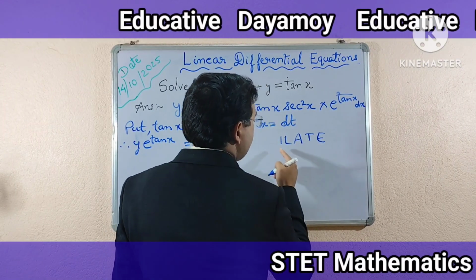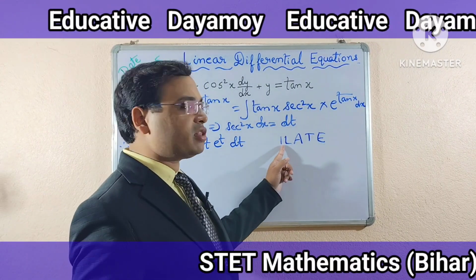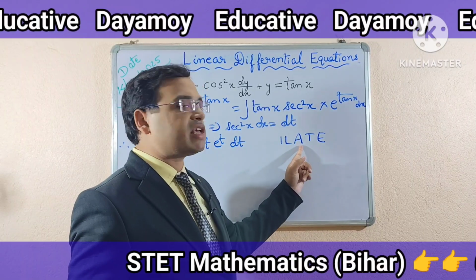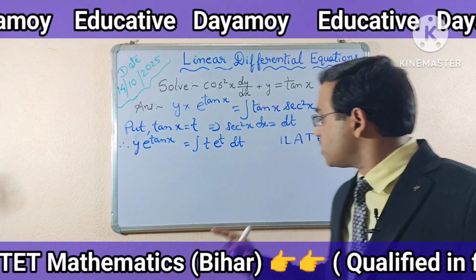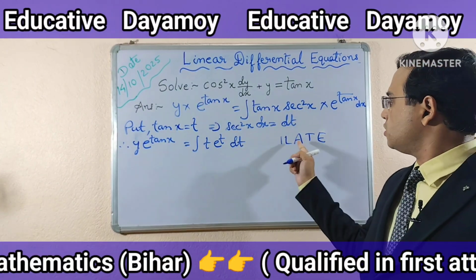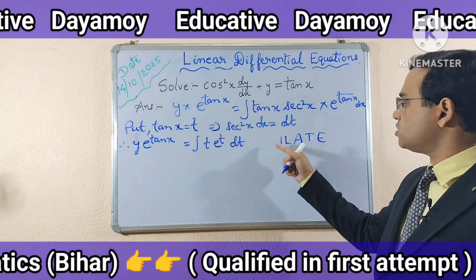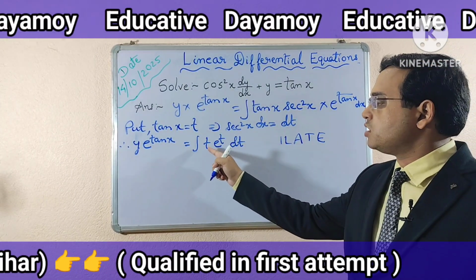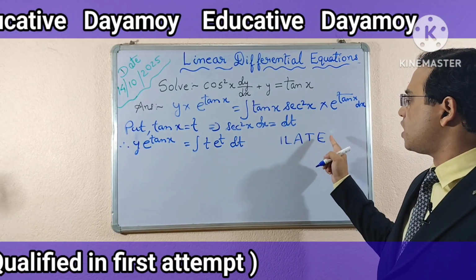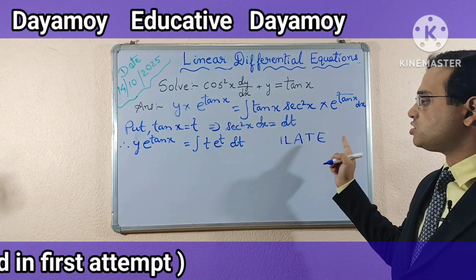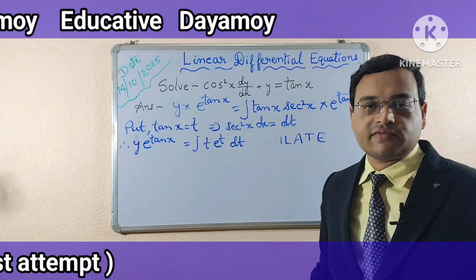In ISLET, I means inverse function, L means logarithmic function, A means algebraic function, T means trigonometric function, and E means exponential function. Here the algebraic function comes first in ISLET, so I will take this t as the first function, and e, the exponential function, comes last, so I will take it as the second function.